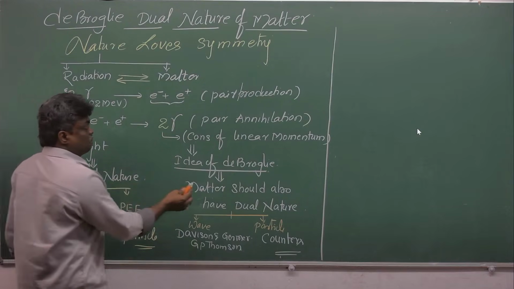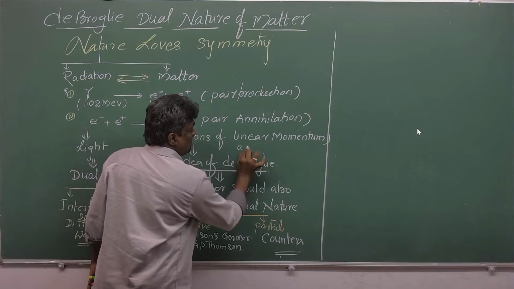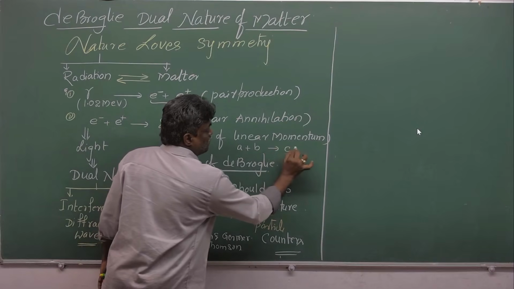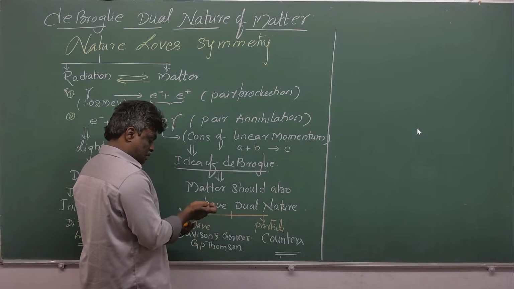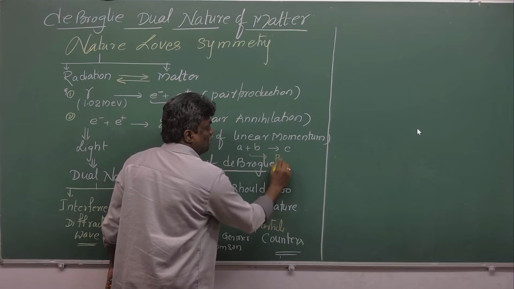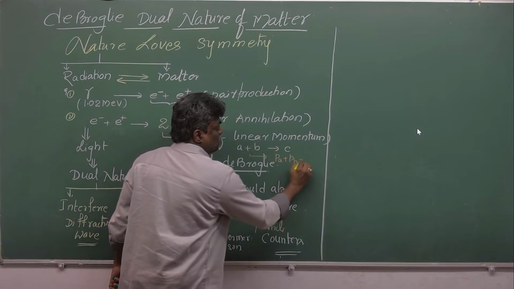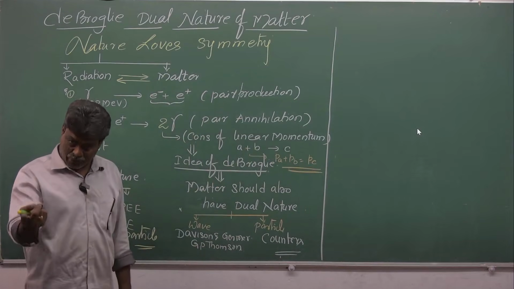Conservation of linear momentum means, for example, if there is a collision, A plus B equal to C. If I say linear momentum is conserved in this equation, what is the meaning of that? Momentum of A plus momentum of B equals momentum of C. Initial momentum is equal to final momentum.